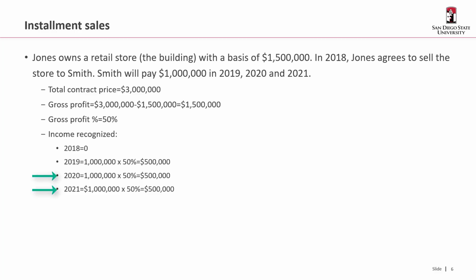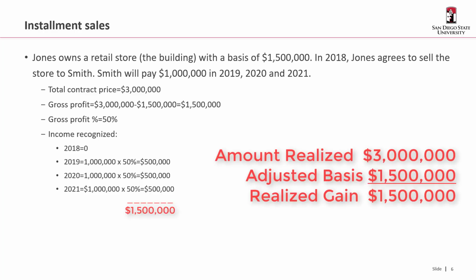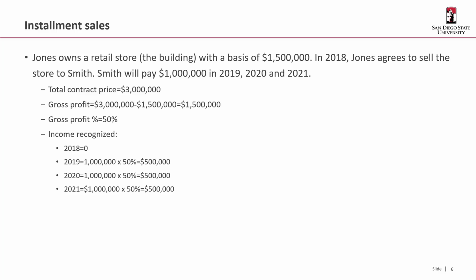Same in 2020, same in 2021. So as I said, the installment sale method doesn't affect the amount of the recognized gain. We knew that the recognized gain needed to be $1.5 million. It's just now spaced out over 19, 20, and 21.